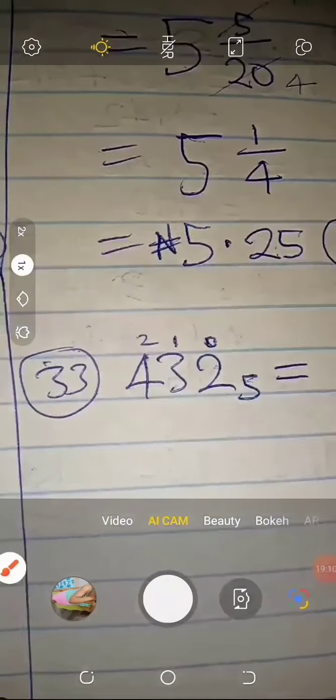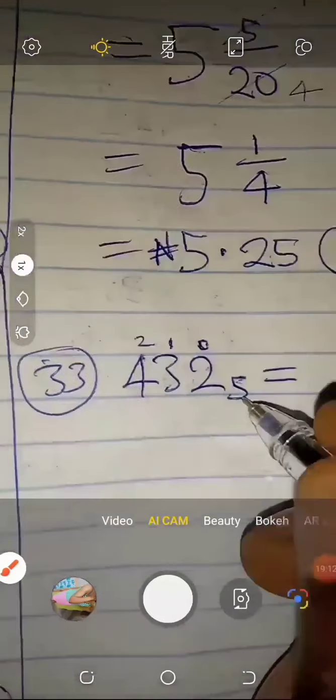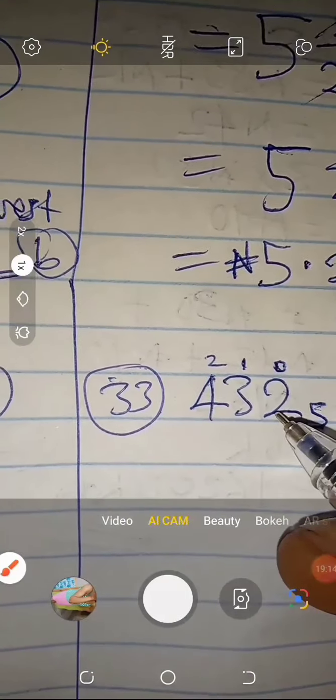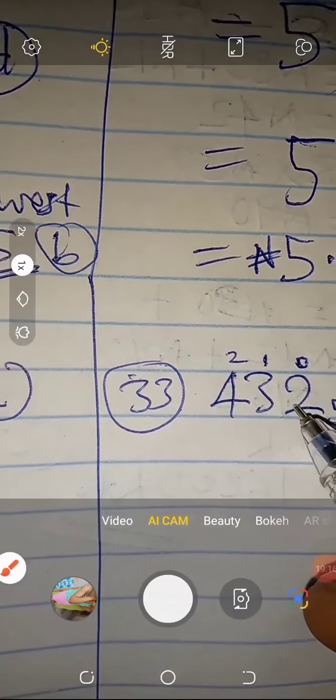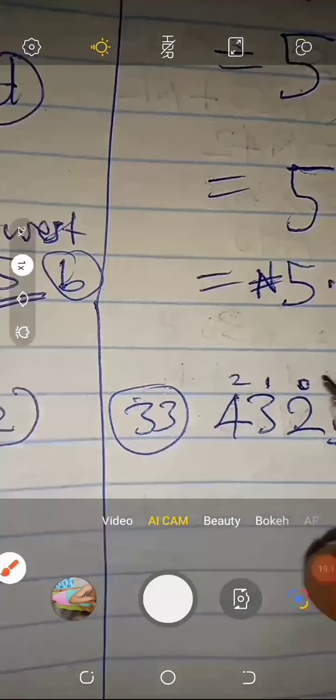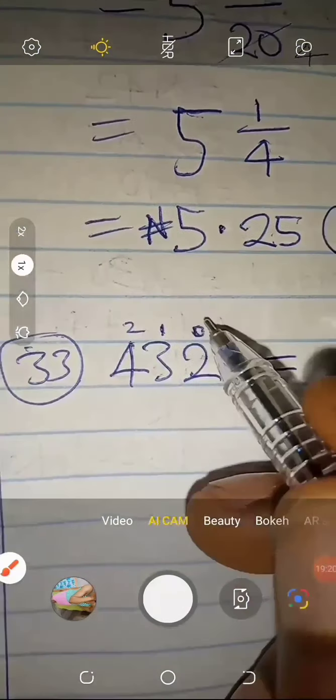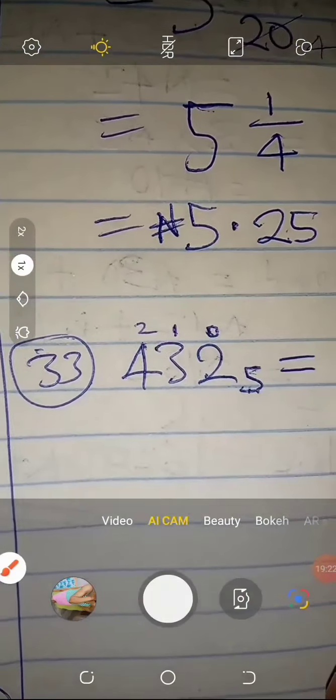So I multiply each digit times the base, raised to the power of whatever you have put up there.